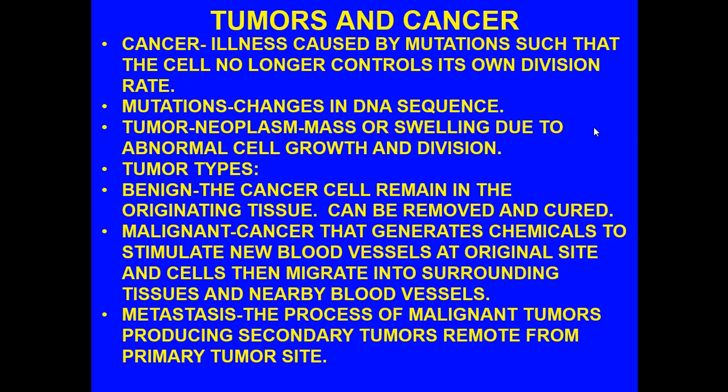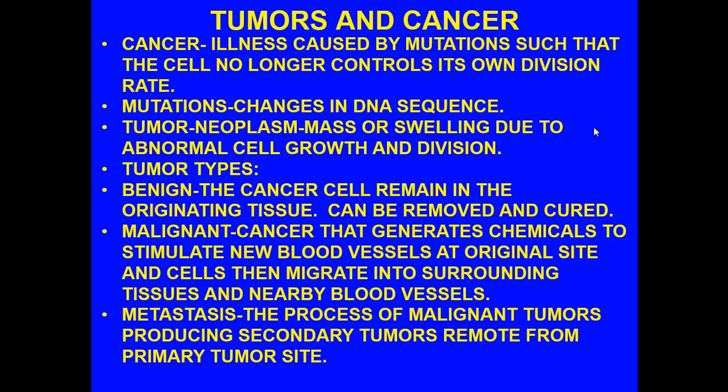When we talk about malignant, though, this is a cancer that generates chemicals to stimulate new blood vessels at the original site, and cells then migrate into the surrounding tissues. A lot of times they go via the blood vessels, but sometimes they will migrate not using blood vessels, but using lymphatic vessels. They'll show up in lymph nodes. They will travel to other parts of the body via the lymphatic system. Okay?